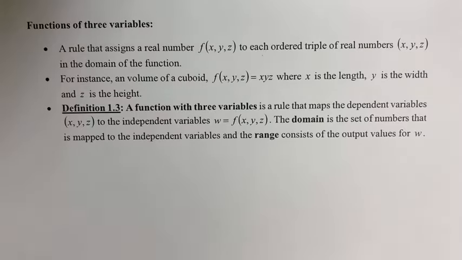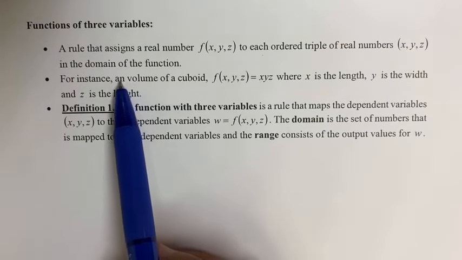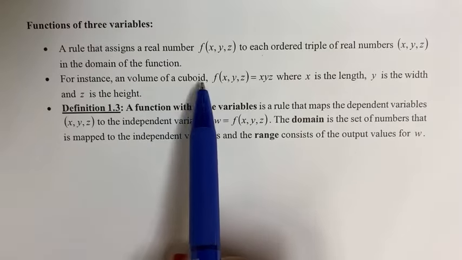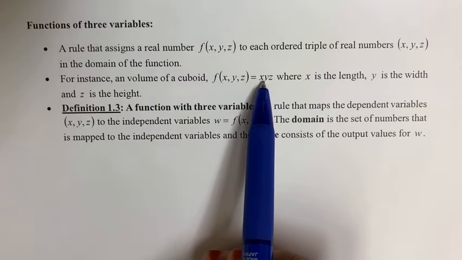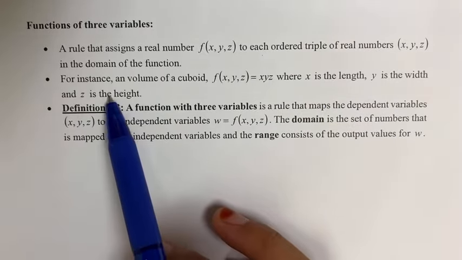Now we will look at functions of three variables. It is a rule that assigns a real number f(x,y,z) to each ordered triple of real numbers x, y, and z. So now you have an extra variable z in the domain of the function. For instance, this is the volume of a cuboid, f(x,y,z) equal to xyz. X is the length, y is the width, and z is the height.